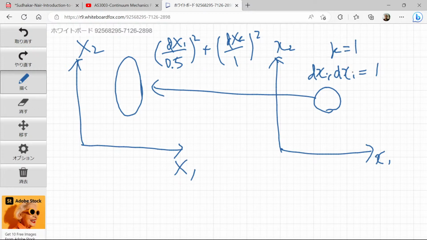So this is what, excuse me. Yeah, because we stretch and rotate, right? So this is okay.